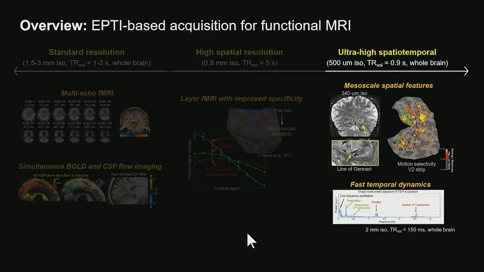So finally, we have a recent development based on the EPTI readout to achieve ultra-high spatial-temporal resolution, to enable looking at mesoscale spatial features and potentially also fast temporal dynamics.